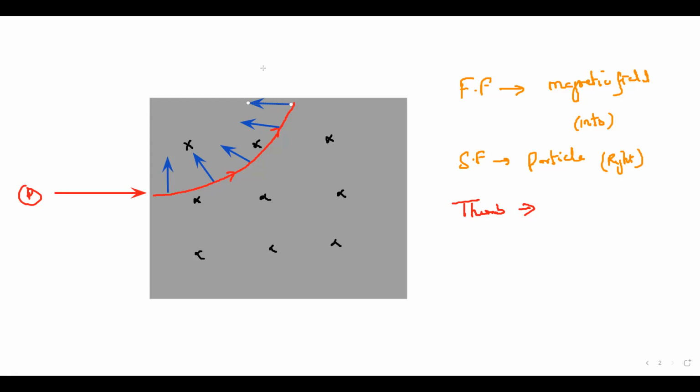So the idea is that whenever a particle enters a magnetic field perpendicularly, it will experience a force which causes a circular motion, or we can also say it will move in a curved path.